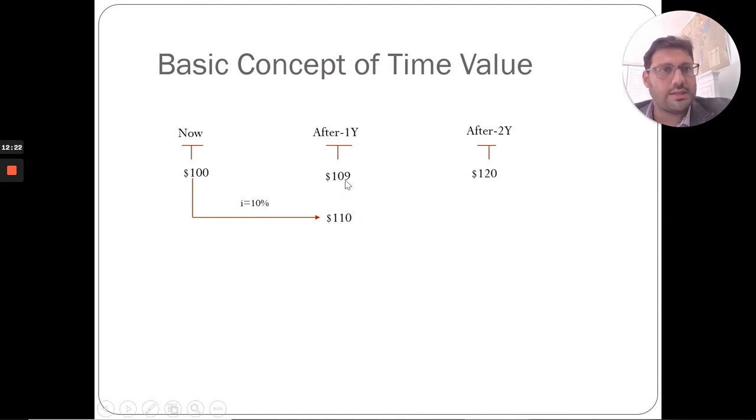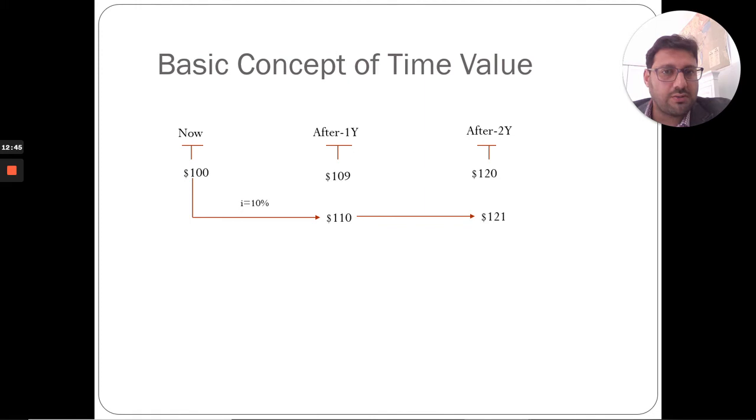So that made things very clear that if it is a comparison between this 100 today or 109 after 1 year, we should go with 110. But again, the assumption is we have a guaranteed 10% interest offered to us by a bank.